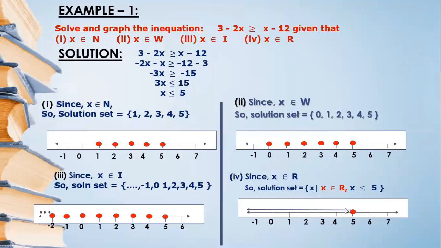So here all the values which are less than 5 will be on the left hand side of 5 on the number line up to infinity. So on 5 we will make a dark circle since it is included, and towards the left hand side we will make a line up to infinity.